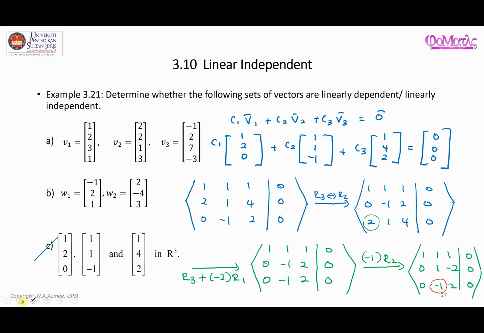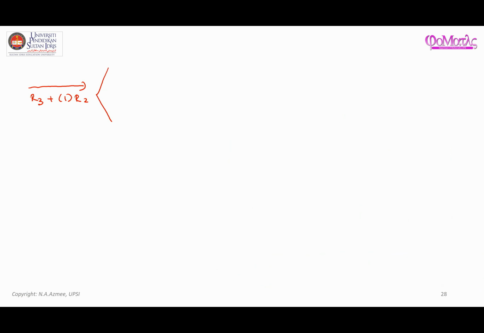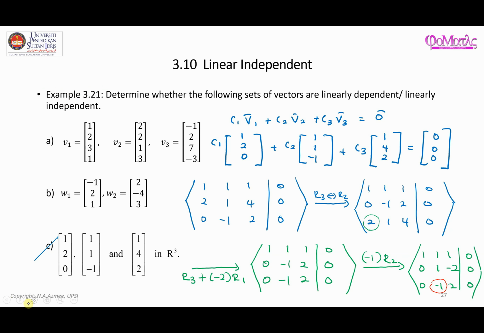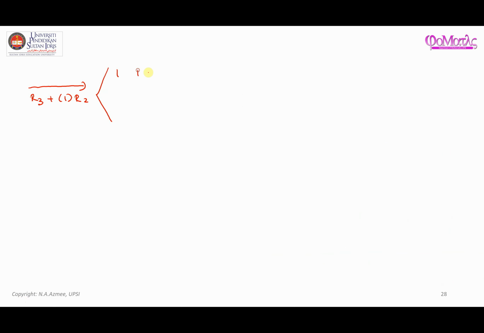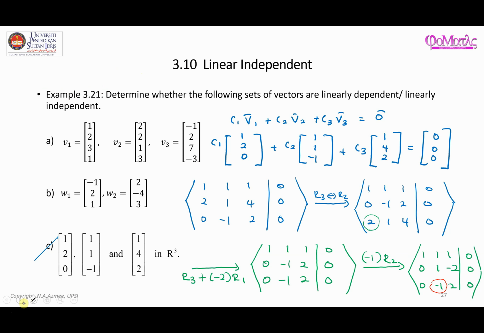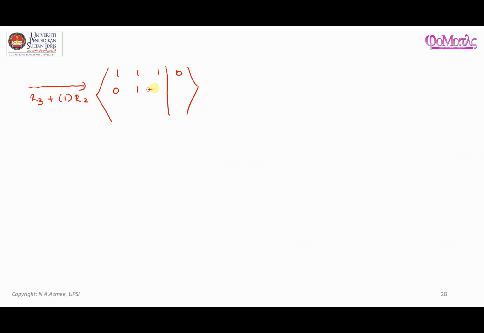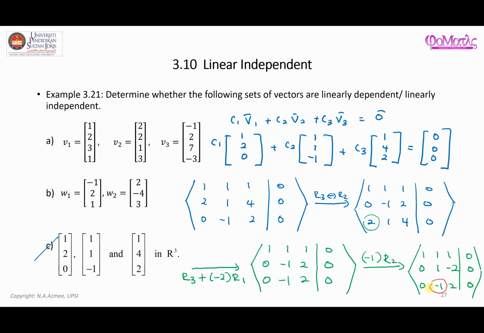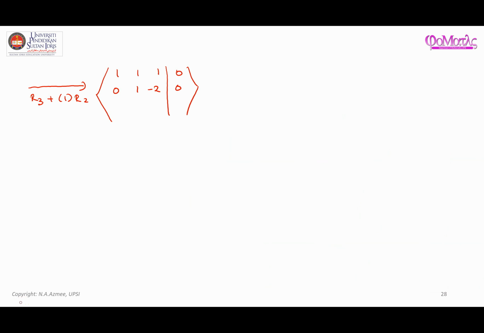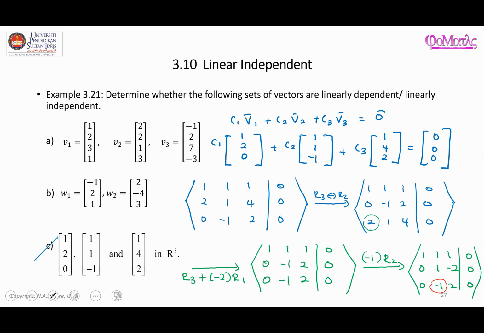Therefore, what I will get is 1, 1, 1, 0. For the second row it is 0, 1, negative 2, 0. And for the last row, it becomes 0, 0. So that one is 0, and of course negative 1 plus 1 is 0.